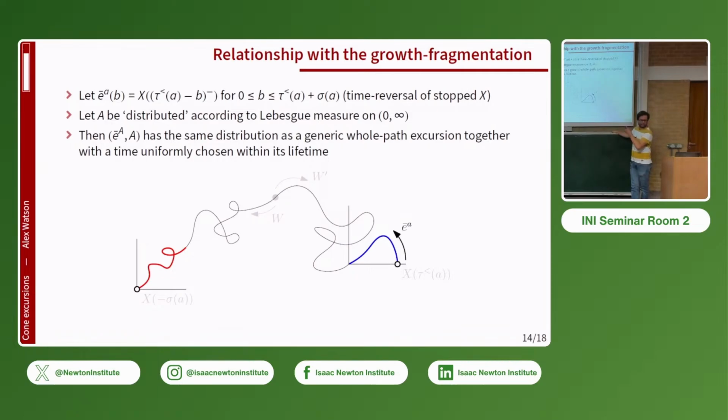This is this Legal excursion measure that I've sort of swept under the carpet a little bit, together with a time chosen uniformly within its lifetime. And actually this is true for all theta, not just for theta equals 2 pi by 3. This gives the connection with the growth fragmentation.